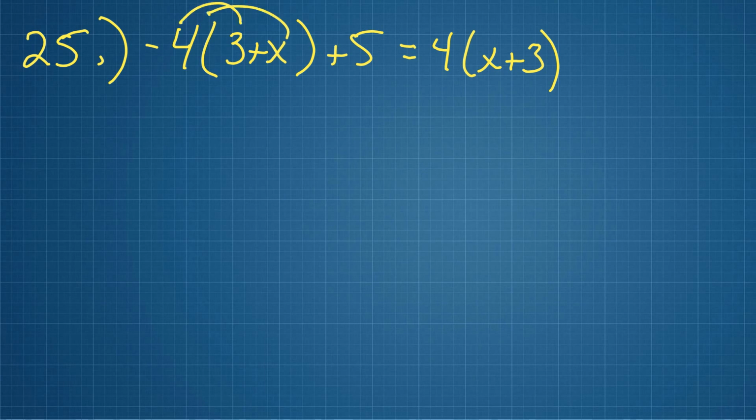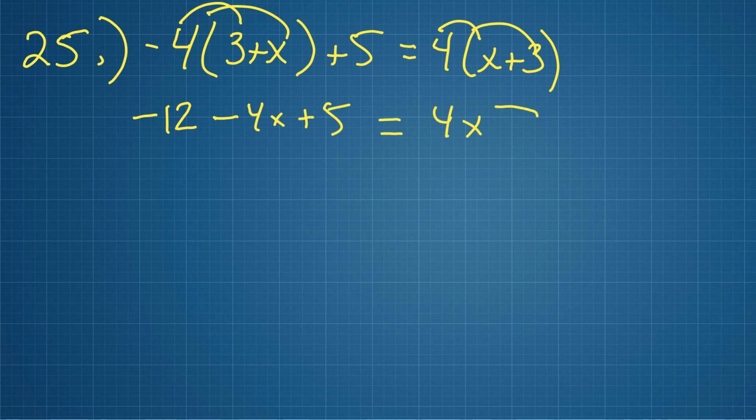24, you have to distribute first. So I get negative 12 plus negative 4x, or you can put minus 4x, plus 5 equals 4x plus 12. Alright? I'm going to combine negative 12 and 5 to get negative 4x minus 7 equals 4x plus 12.